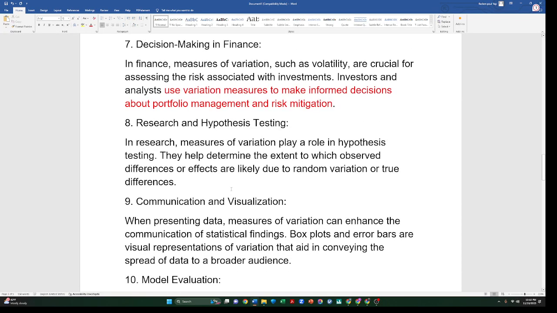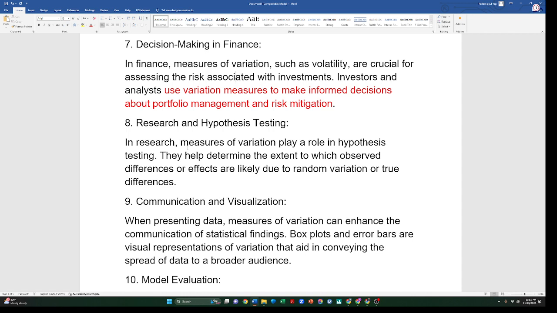Number 8, research and hypothesis testing. In research, measure of variation play a role in hypothesis. The alternative or null hypothesis, right? The null says there is no significant difference or relationship, and the alternate is contrary to the null.